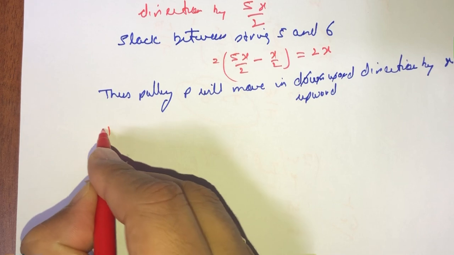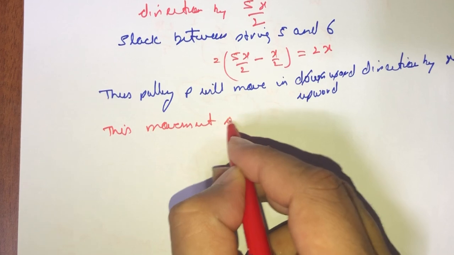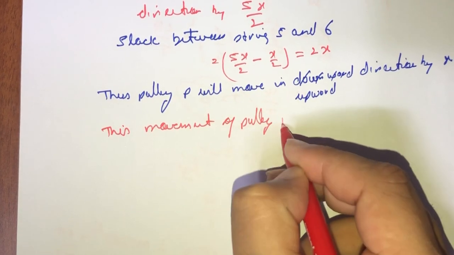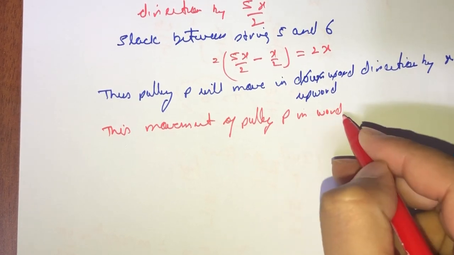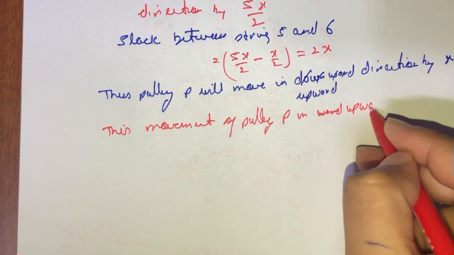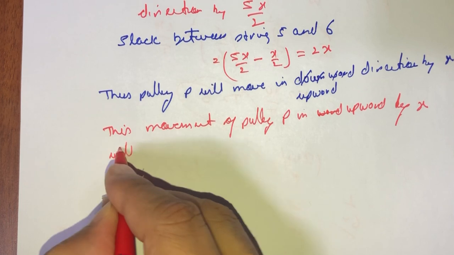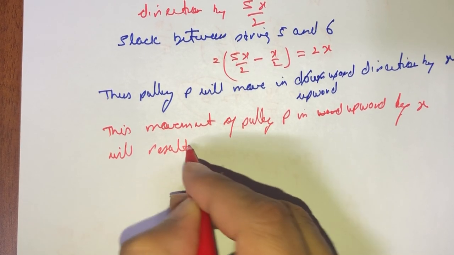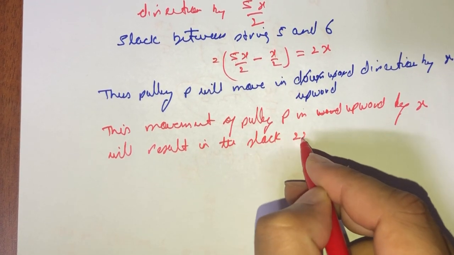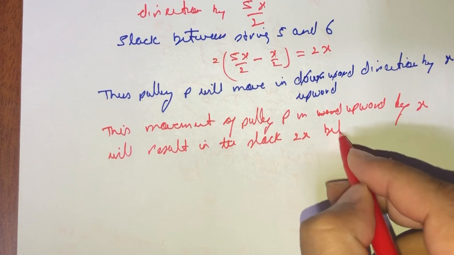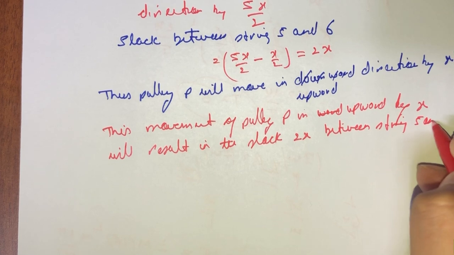This movement of pulley P in upward direction by x will result in the slack of 2x between string 5 and 6.